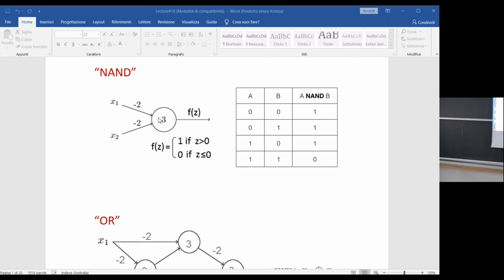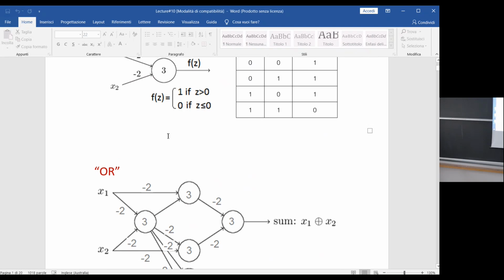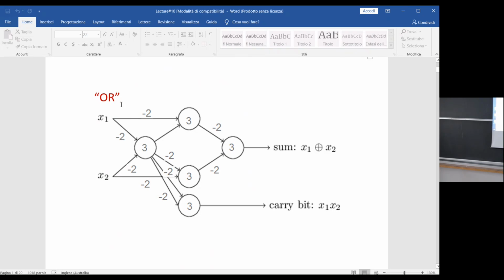And using this configuration of neural net, we can construct now any Boolean logic function, for example, OR. So we have the summation of two inputs, x1 and x2.